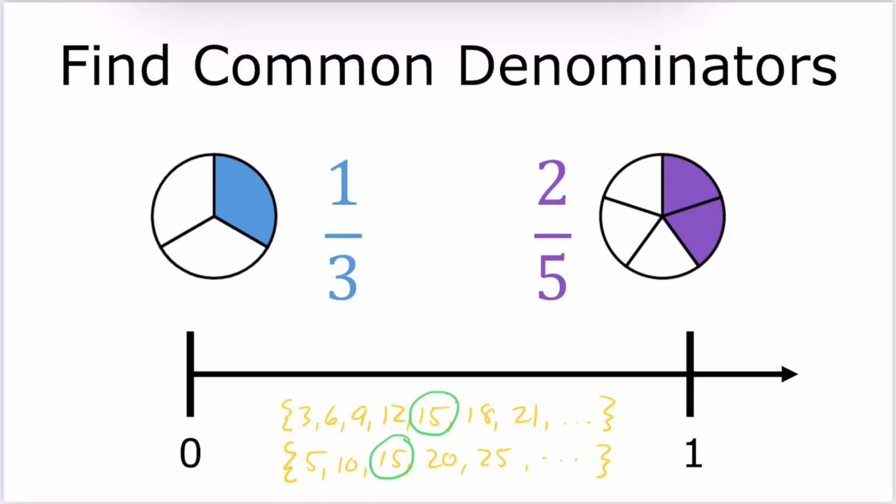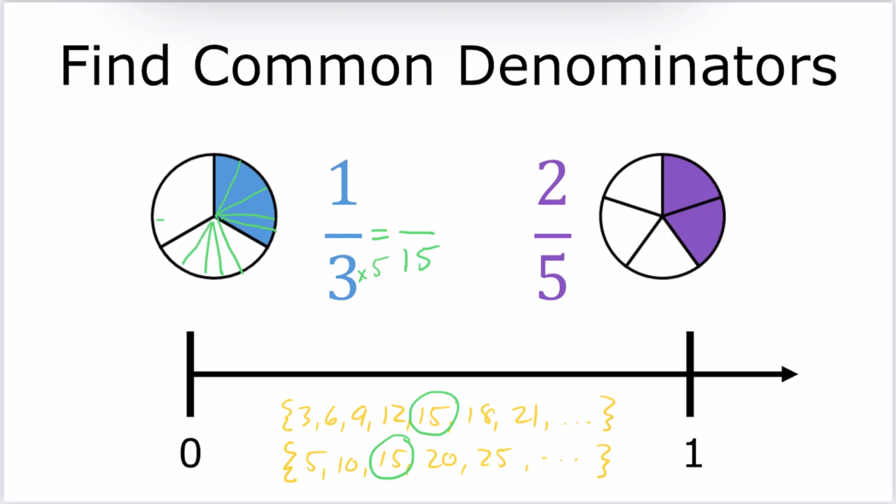And so that means that I'm going to convert each of these fractions into a fraction that has a denominator of 15. So I'd say, okay, well, 1/3 equals how many 15ths? Well, I can multiply 3 times 5, which basically means I'm going to split each of these pieces up into 5 equal-sized pieces.